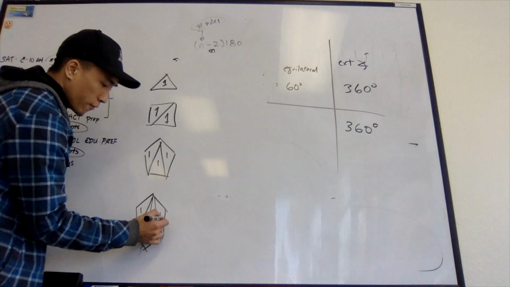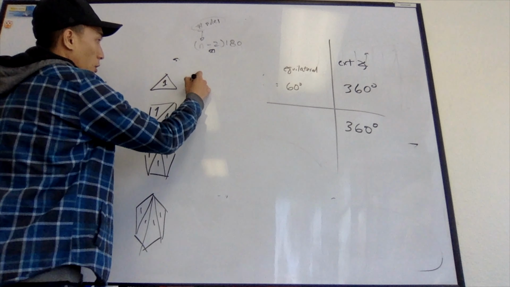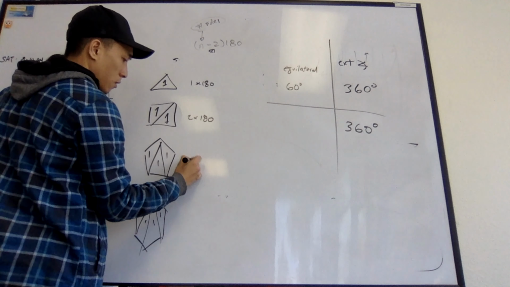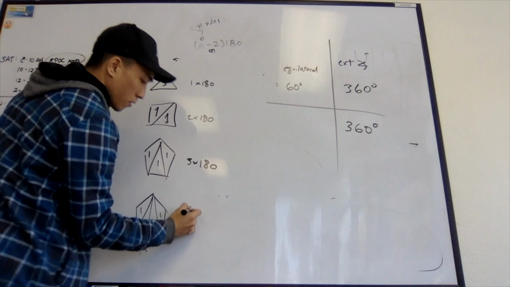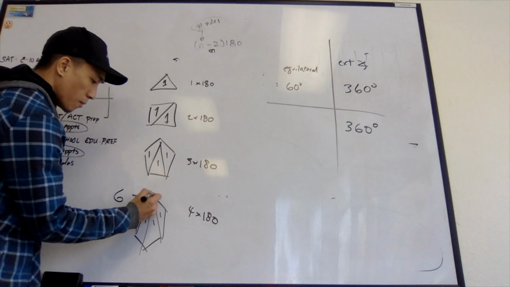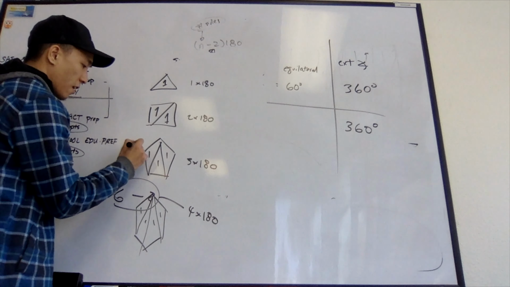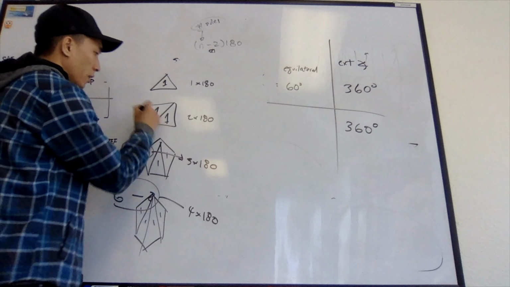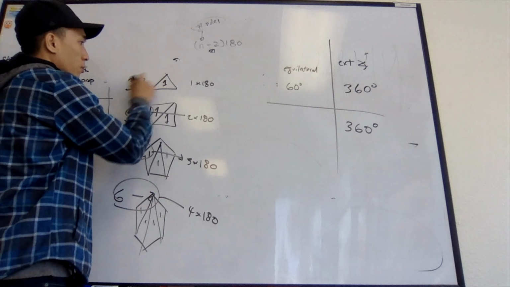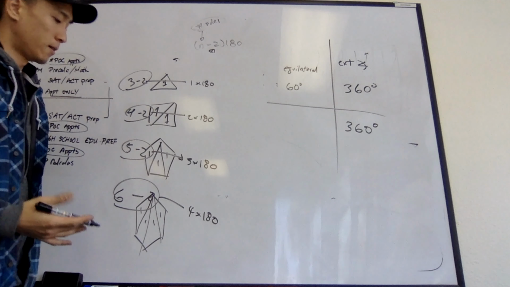Here you have 4 triangles, okay? So 6 minus 2 gives me 4. 5 minus 2 gives me 3. 4 minus 2 gives me 2. 3 minus 2 gives me 1. All right?